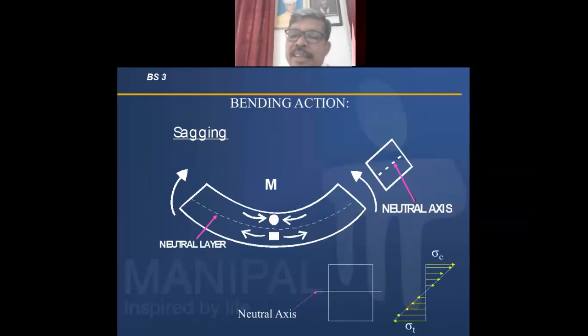And here you have to show the tensile stresses like this on the left hand side and compression stresses on the right hand side. Sigma C is the stress due to bending in compression. Sigma T is the stress in tension, that will be at the bottom.